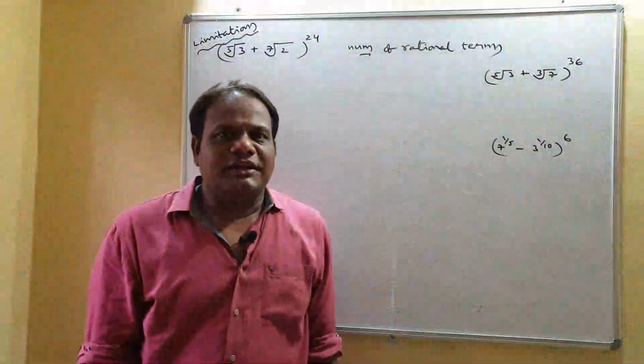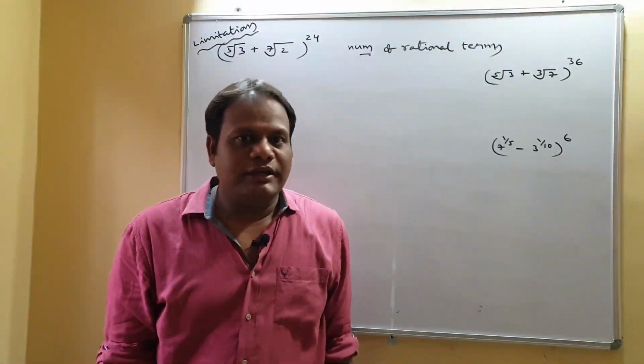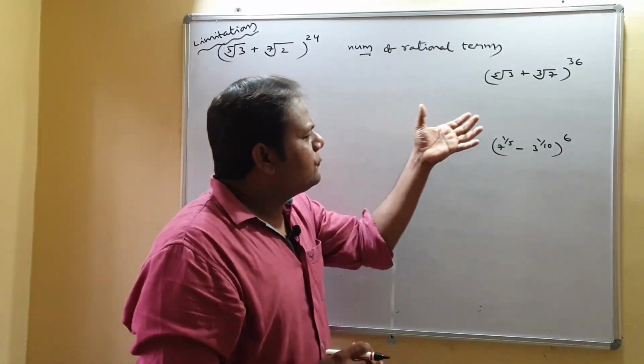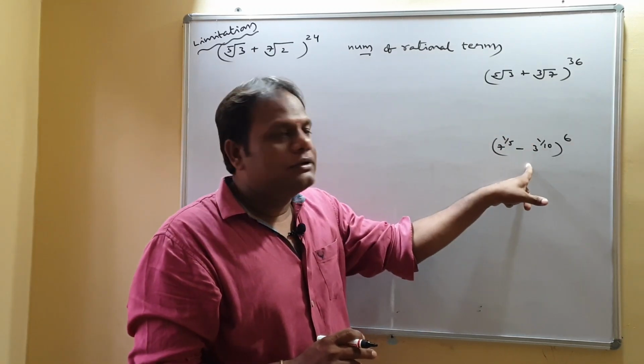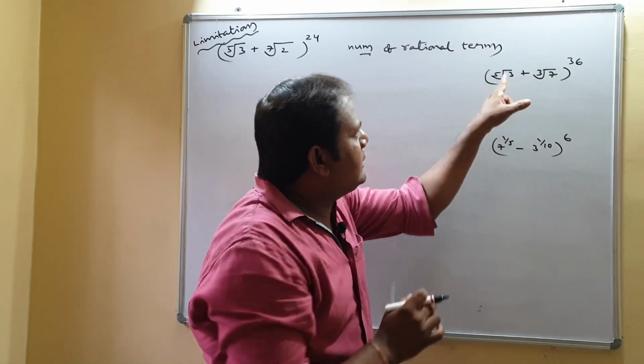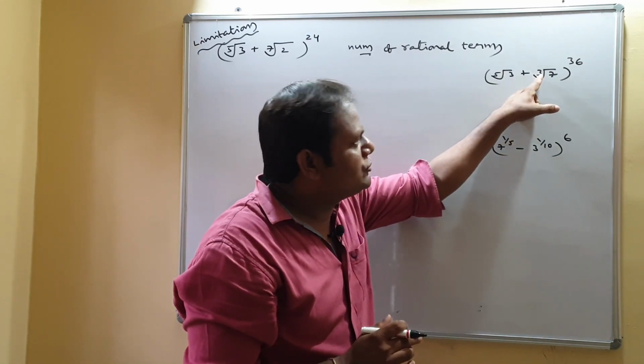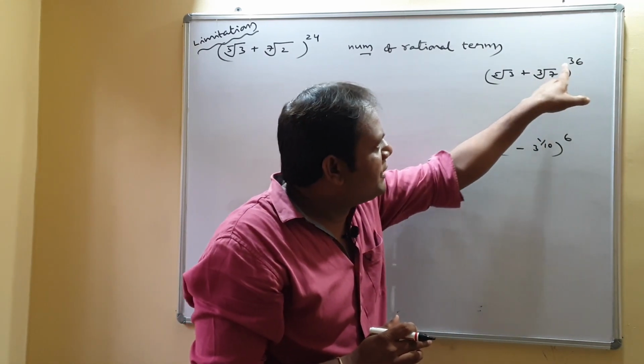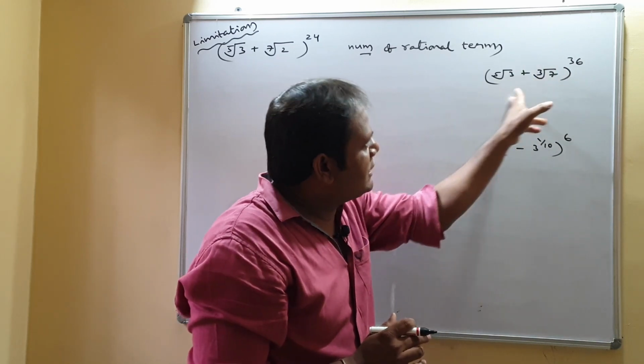For this shortcut, we have some limitations. See here, till now we solved this type of problems. Here you see that power n is 36, and here we have 5 and here we have 3. 36 is completely divisible by 3, so it's not a problem.